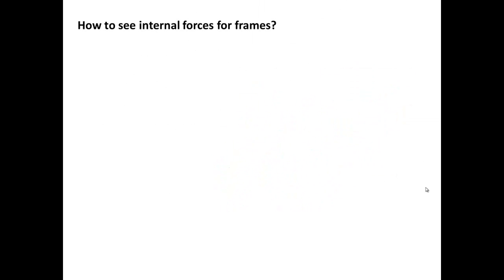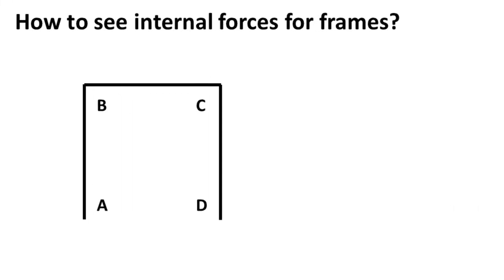Now, how can we see the internal forces for frames? Here's a frame A, B, C, D. Imagine I'm holding the frame, member AB with my left hand and member CD with my right hand, and trying to stretch it apart as shown.